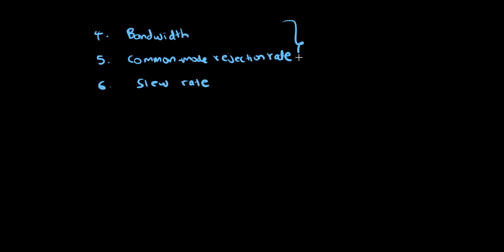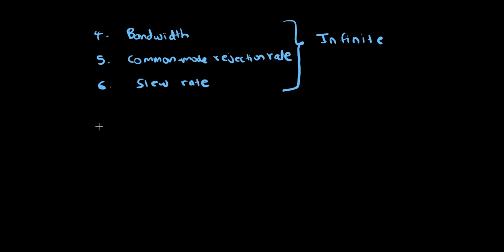In the ideal behavior of an operational amplifier, we assume that all these things are infinite. So it has infinite bandwidth, infinite common mode rejection rate, and infinite slew rate. These are the other properties. We will dive into these properties in one of the future videos.